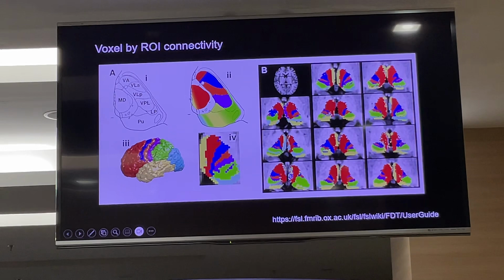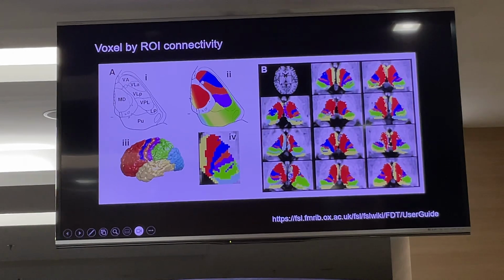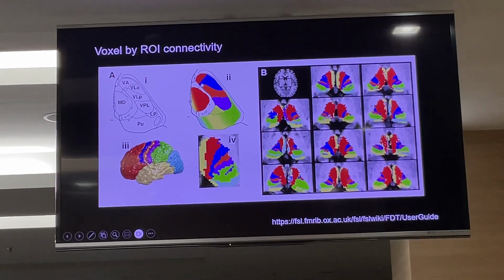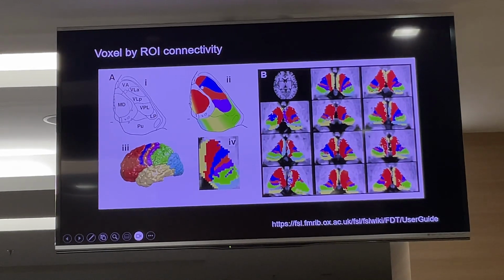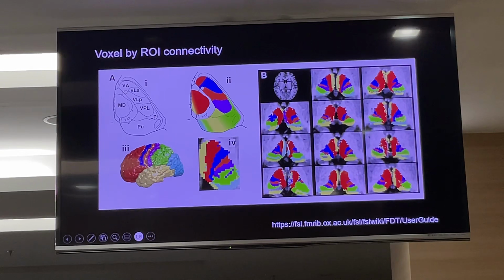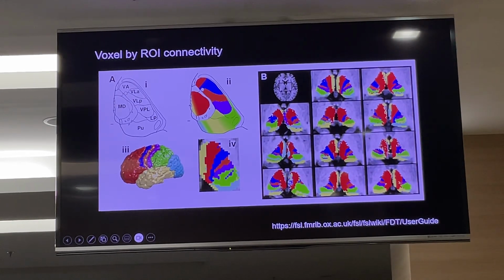In this context, for example, you analyze each area of the thalamic subfields, which can connect to the corresponding cortex. You can see the corresponding color, and then the same areas that connect together.